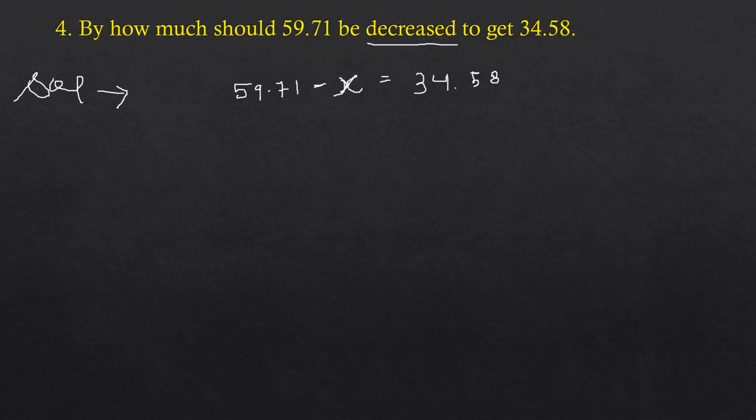Now we want the value of this x. But here you can see we have a negative sign before this x. What we want to find should have a positive sign. So this time we will transport this x to the right hand side and this 34.58 to the left hand side, so that there will be no negative sign. You can do it as we did before, and at last cancel out the signs from both sides, but this method can be more useful, so we will use it.